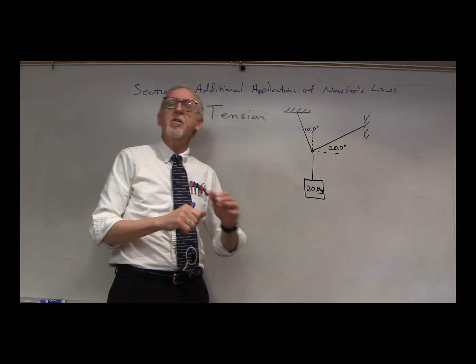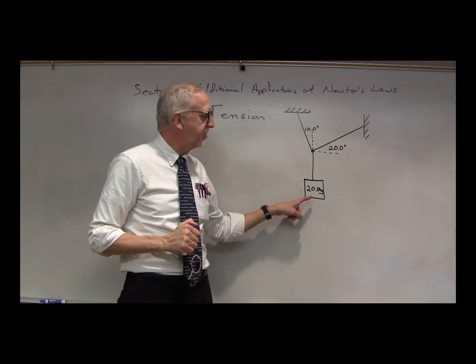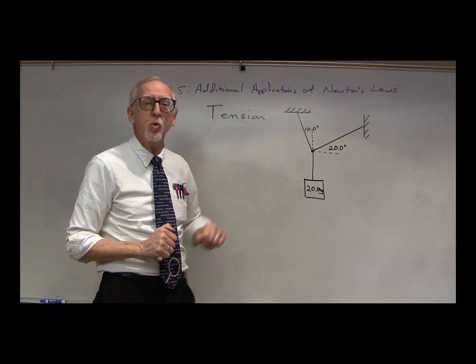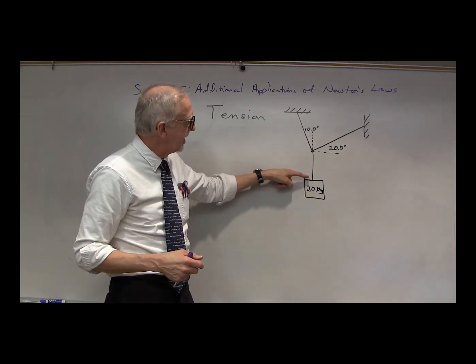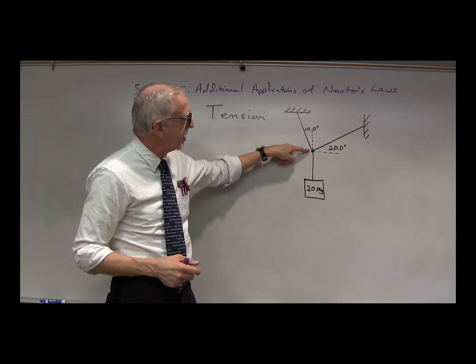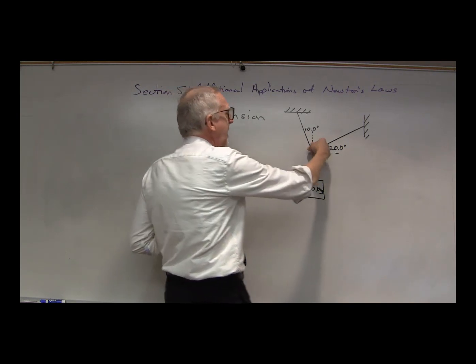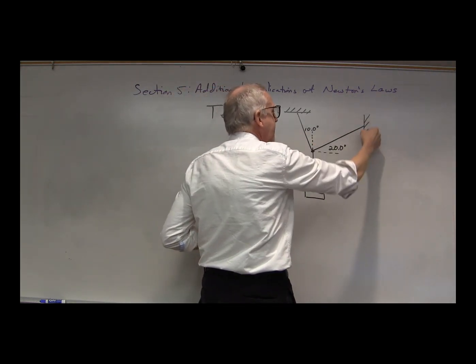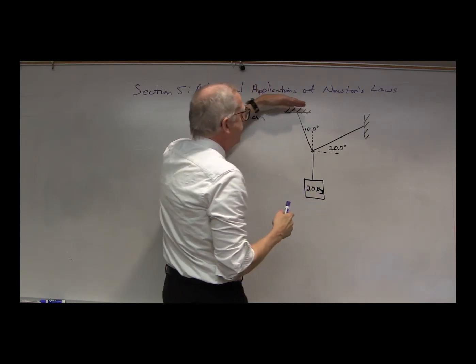Okay, here we have a very typical type of tension problem. Let's imagine that we've got a mass here, let's say 20 kilograms, and there's a rope or a cable attached to it up here to some point, which then is attached to two cables, one cable coming over here being attached to a wall, and another one going up here attached to the ceiling.